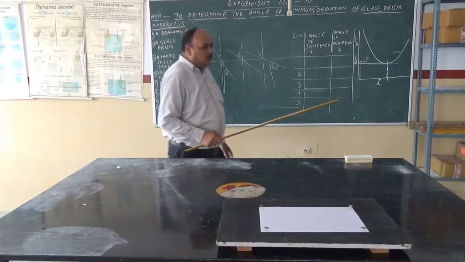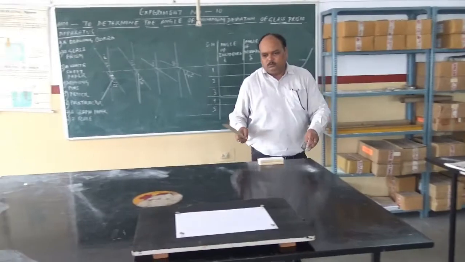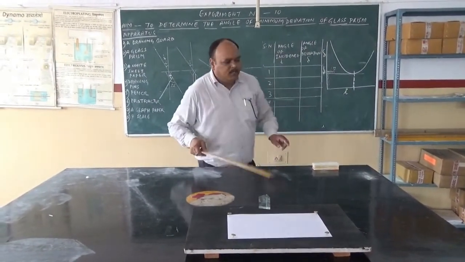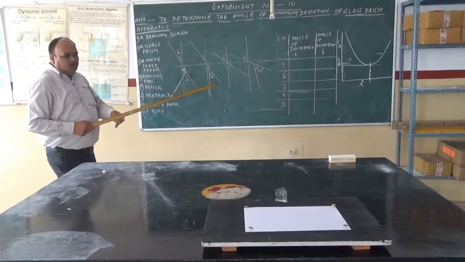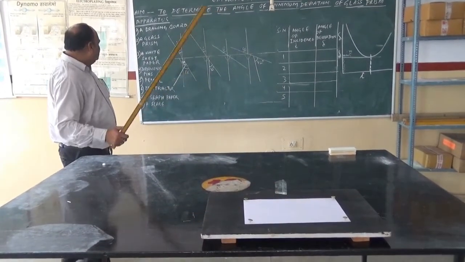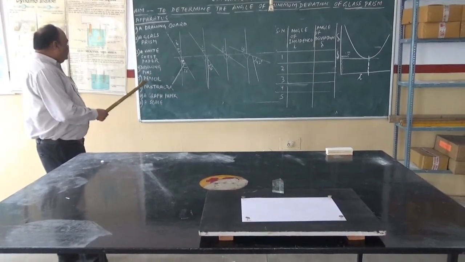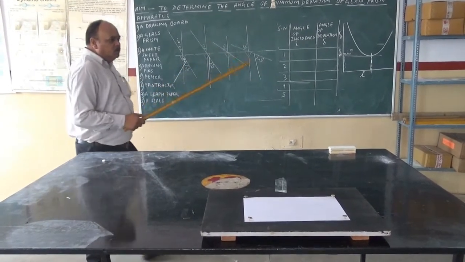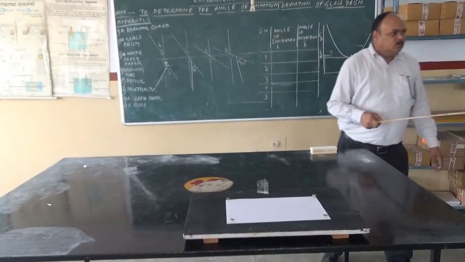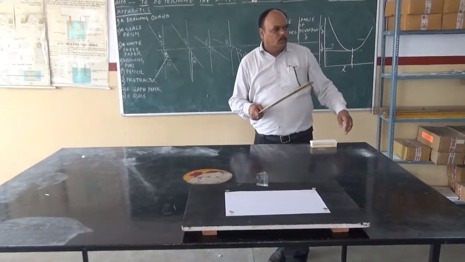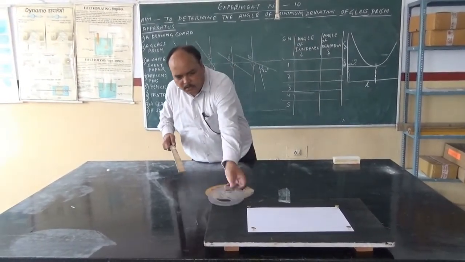This is a prism, a white sheet of paper, drawing pins, a pencil, and a protractor. This is a protractor.